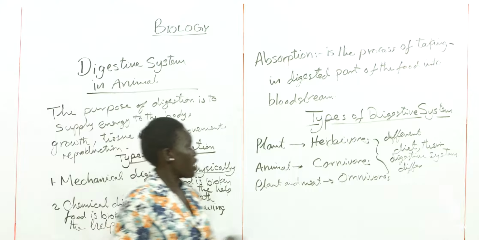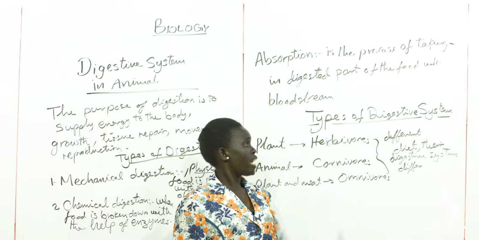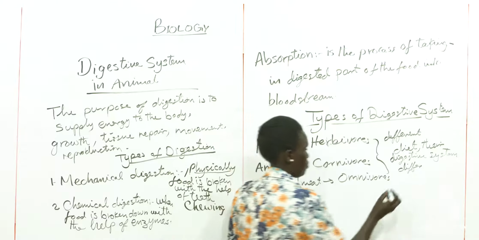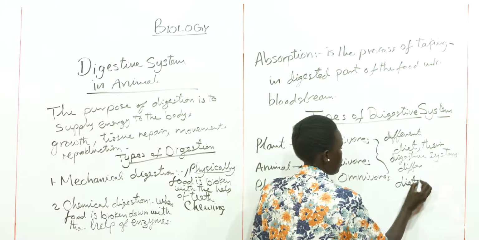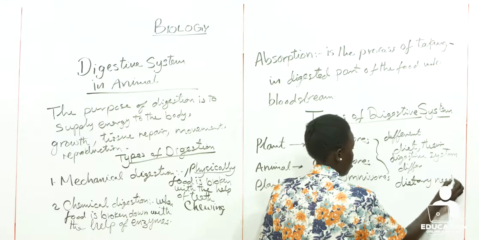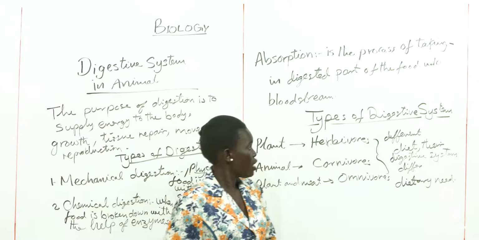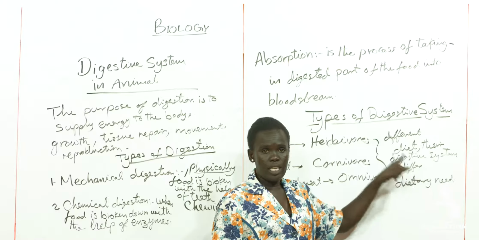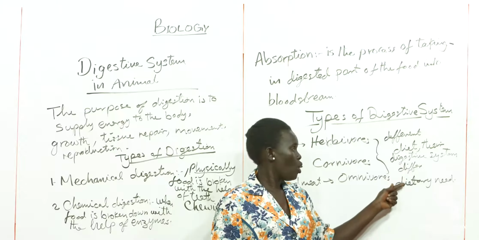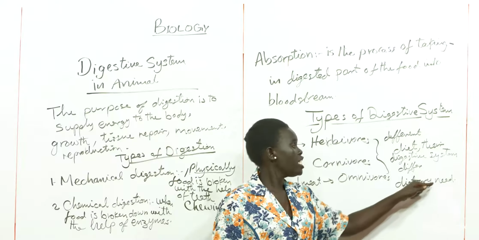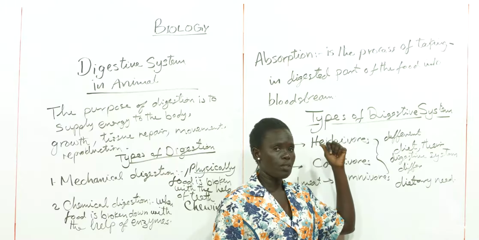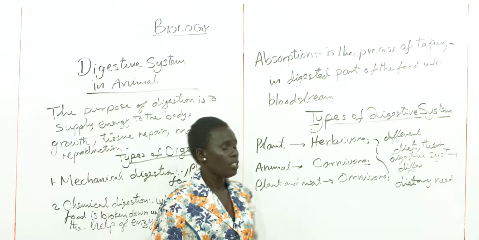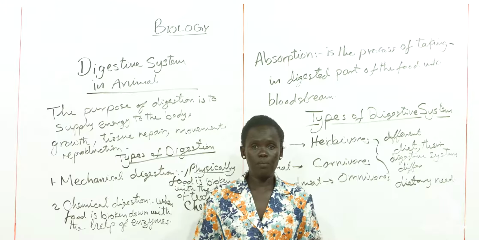Since they differ in their dietary needs, their digestive systems also differ. The digestive system differs to suit or meet the dietary needs of these animals. As a result, you find they have different digestive systems.